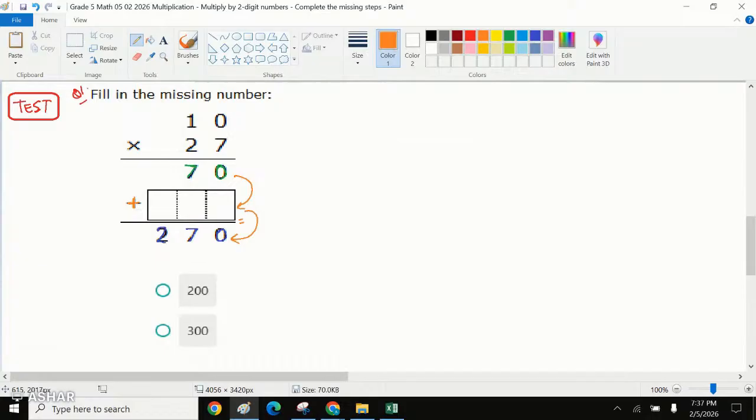Yes, it's 200. Thank you. So can we do 270 minus 70? Shouldn't we get the answer? Right? We can go the reverse way as well, right? Or if you want to do the working, we put the 0. 2 times 0 is 0. 2 times 1 is 2.